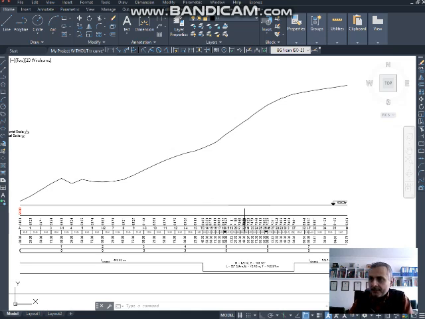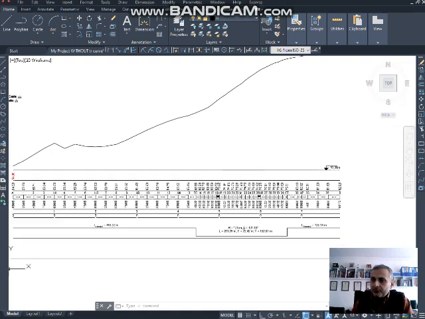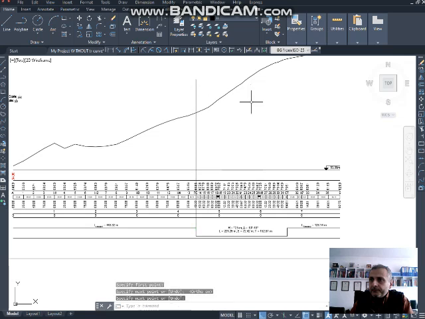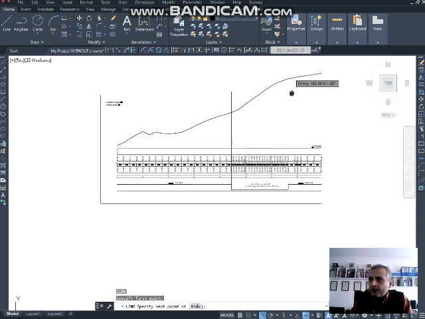In my case, if I want to put a vertical curve here, I need to be careful about my horizontal curve. I have a horizontal curve, as you can see here. Let me indicate the beginning of my horizontal curve and the end of my horizontal curve.